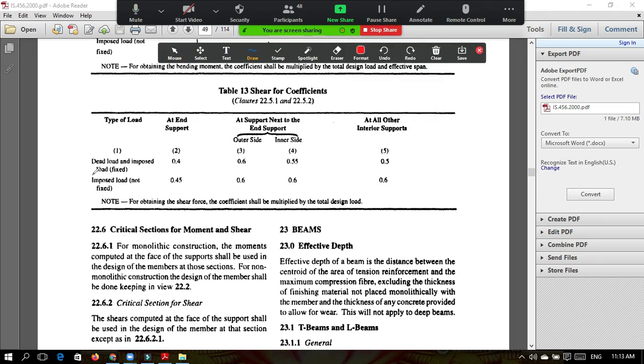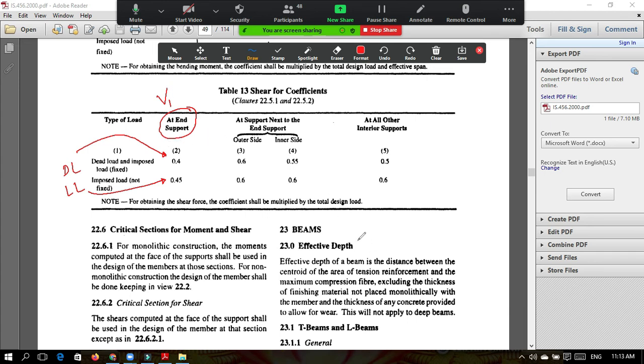As you know, this is for dead load. This is for live load. Now we want to calculate the shear force at end support. At end support, our shear force is V1. So the coefficient for dead load is 0.4, and the coefficient for live load is 0.45 at the end support.